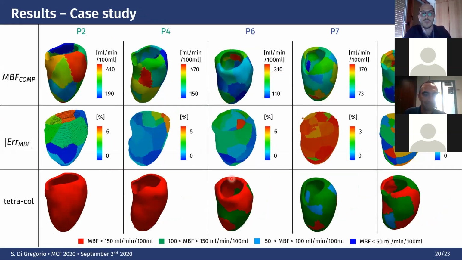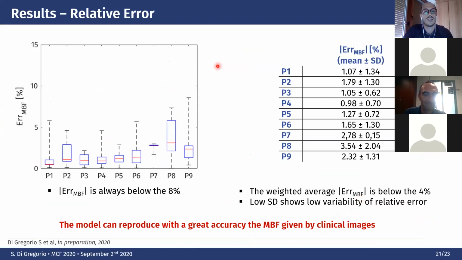Here we present also the other 5 patients, and we can see that the accuracy of the model remains very high. We can immediately see that P2 and P4 are healthy subjects, whereas P6, P7, and P8 are stenotic subjects. These are the last results, and the error is always below 8%, as seen in this box plot.